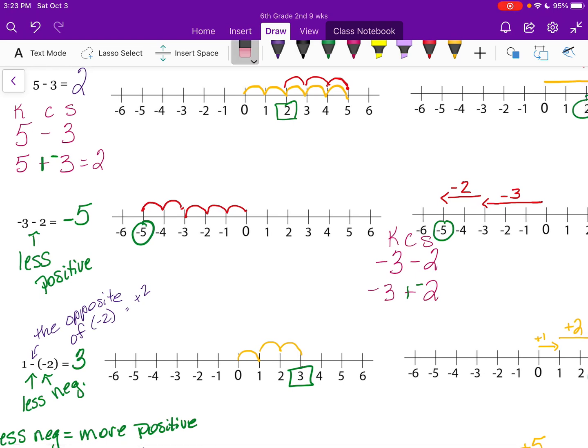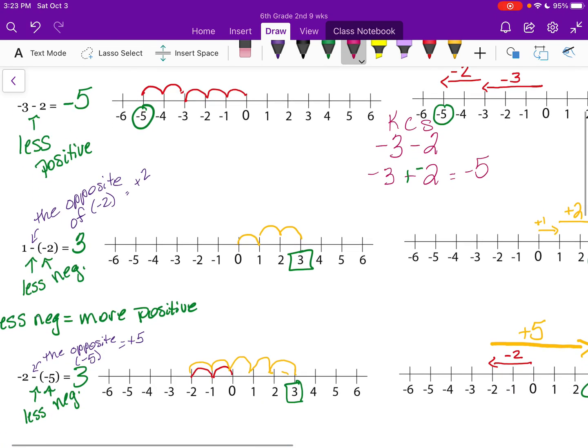And when you look at this number line, you can clearly see the -3 plus the -2. It's right there on that number line. So -3 plus -2, that makes sense. Okay, it's clear on the number line. So that gives us a -5.